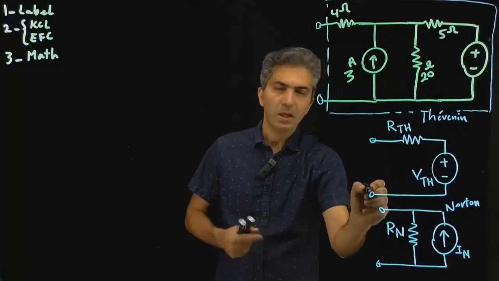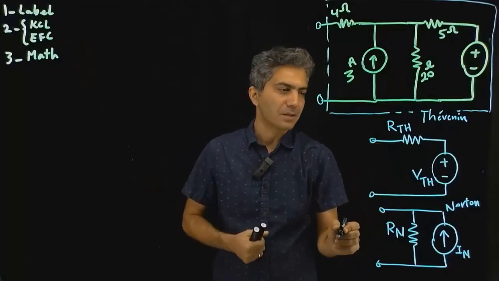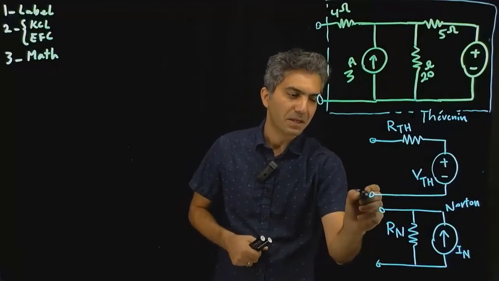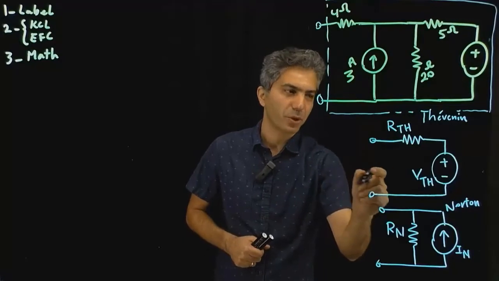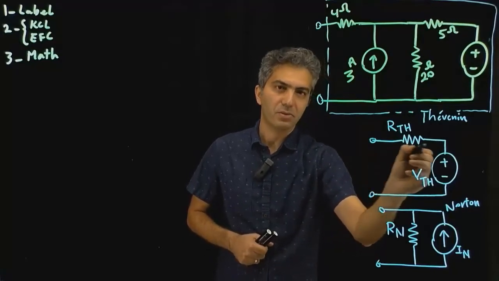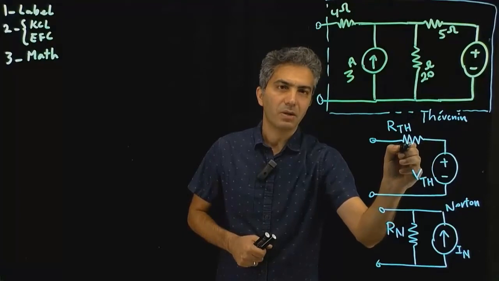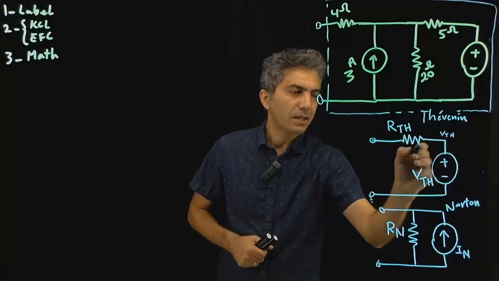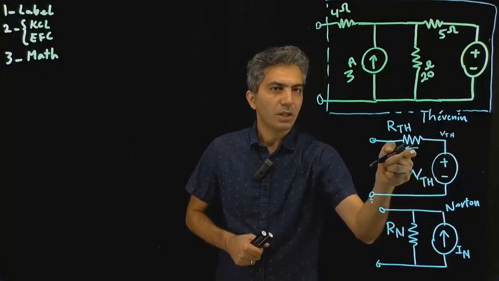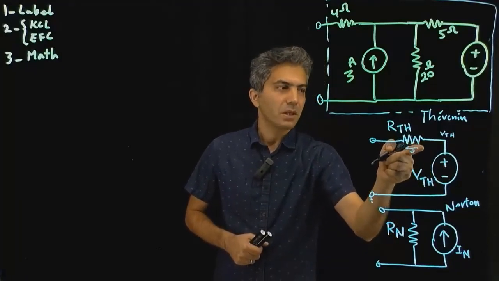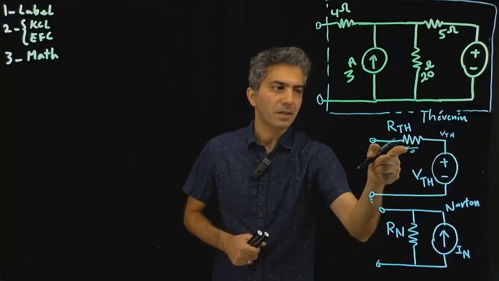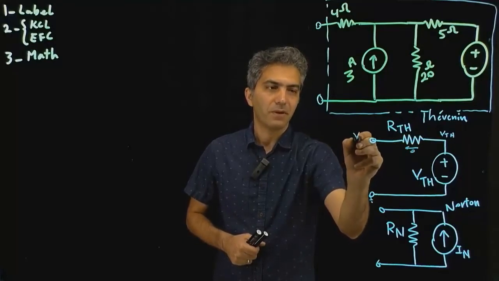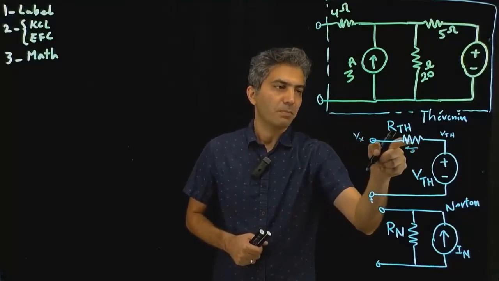So if this is open, doing the simple 3-step analysis, it's pretty much obvious what happens to this voltage. If I take that as, say, ground, I'm not going to do it, I'm just going to quickly explain that. There's no current passing through this resistor, so when I write the equation for this, if this is my ground, that would be my Thevenin, and the current passing is 0. So the equation would look like this: 0 is equal to Thevenin minus this voltage, I'm going to call it Vx at this point, divided by R Thevenin.